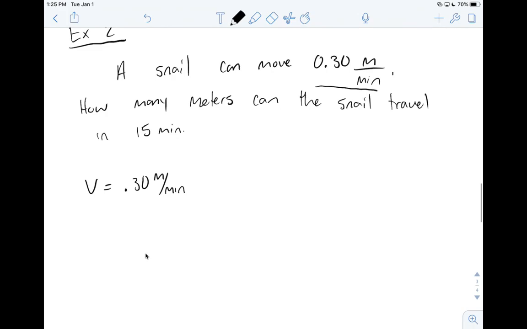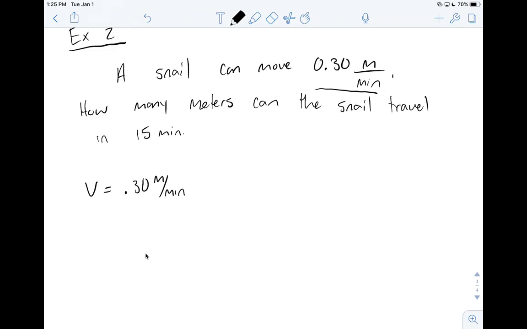And then they give us the time is 15 minutes. Okay, and what are they asking for? They are asking for how many meters the snail can travel. So they're asking for the distance.